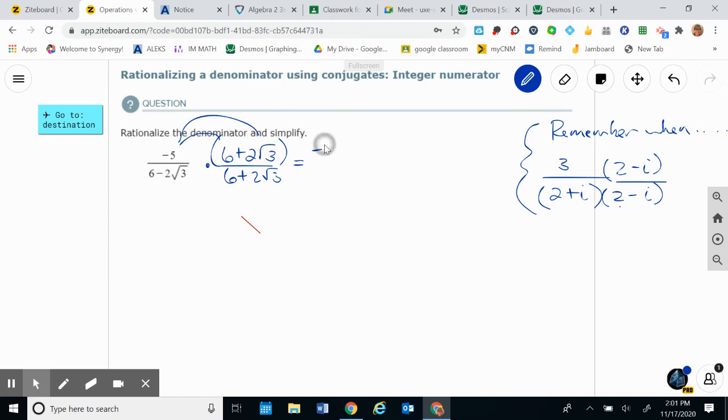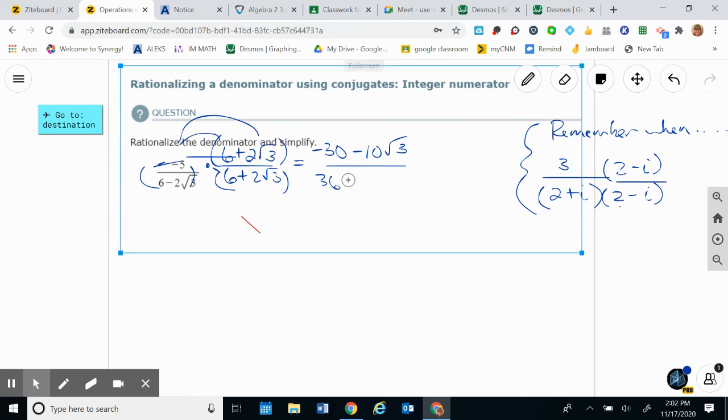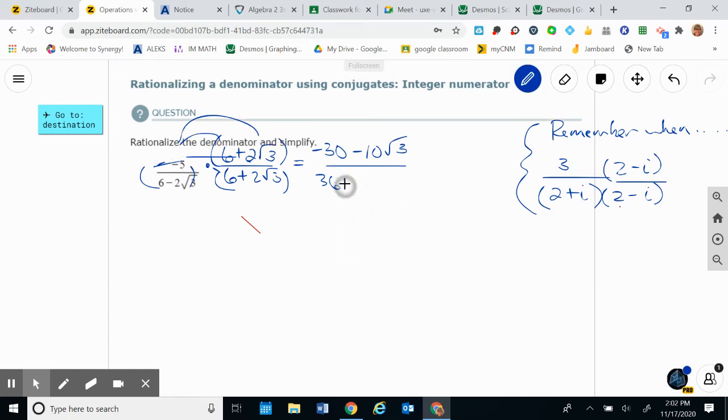Boom. So I'm going to get negative 30 minus 10 root 3 all over, and this is going to be a FOILing problem now. So first is 36. Outer is going to be plus 12 root 3. This one's going to be minus 12 root 3.